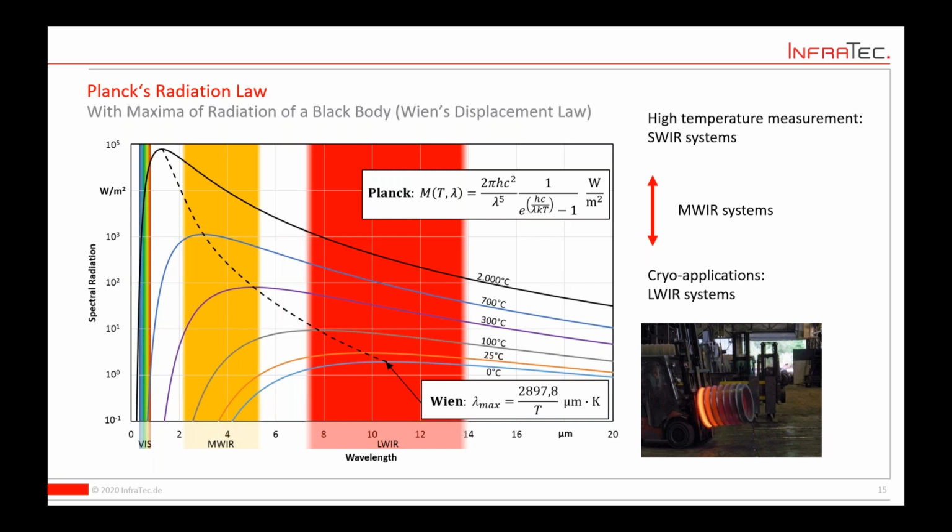So this chart overlaps with your experience. Maybe a red glowing piece of steel is visible with your eyes, so you know that it is hot, but you cannot distinguish steel between 100 and 150 degrees.